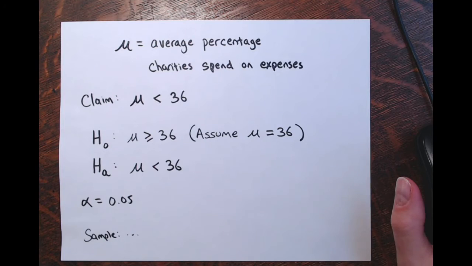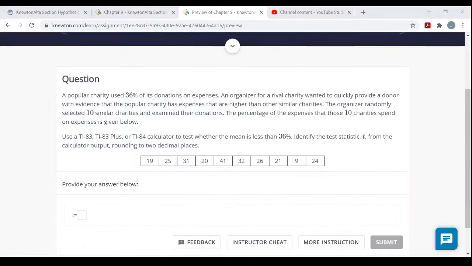The sample was given here. This person took 10 similar charities and saw that this one charity spends 19% of their money on expenses, this charity spends 25%, then this charity spends 31%, etc.